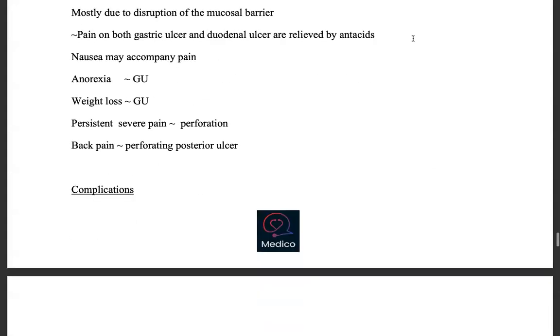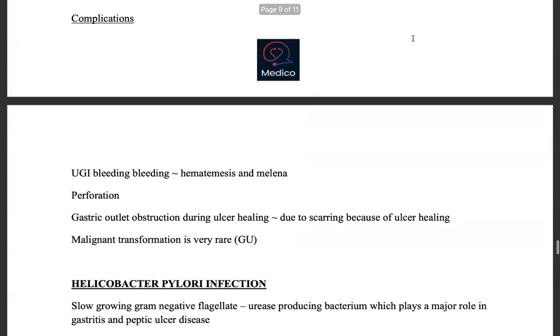And what are the complications? Peptic ulcers can cause upper GI bleeding. So if they erode, or if there's a perforation, if there's a blood vessel involved, it can bleed. So there will be an upper gastrointestinal bleeding, leading to hematemesis and melena, or perforation.